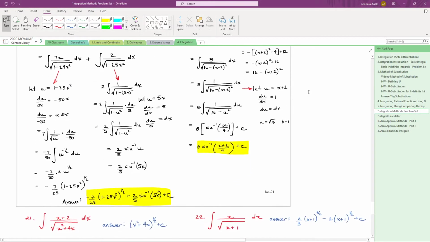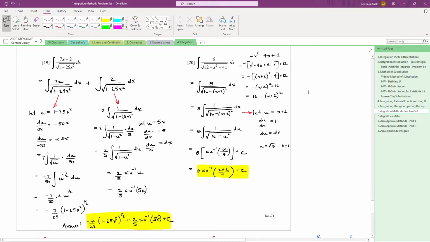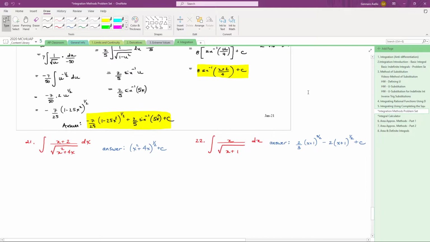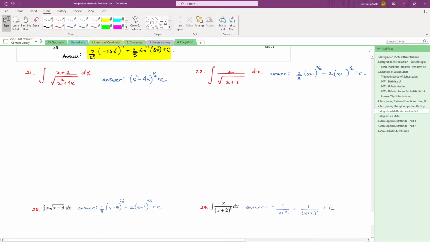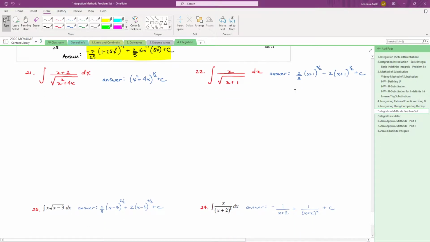One of them was a repeat, so really there was only 19 questions. I've since then posted 4 more questions that I want you to work on. The answers are there. I didn't post the solutions, but I want you to work on these 4 problems as well, and you can check the answers, and if you have issues with them, we can take those up next class.